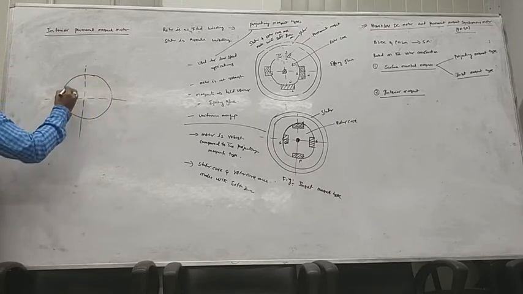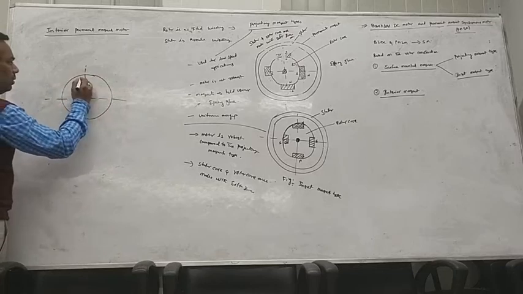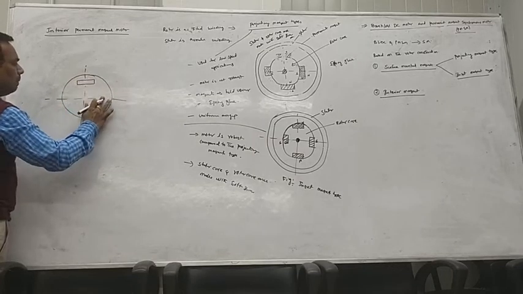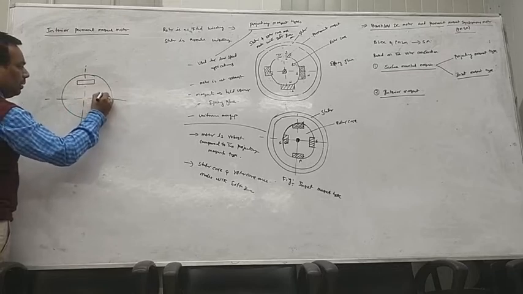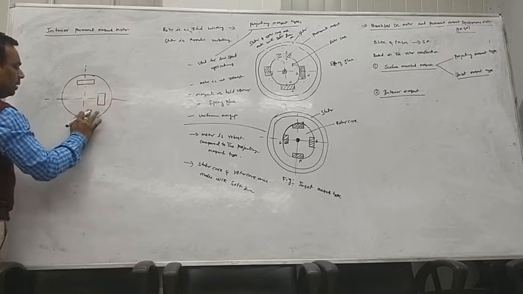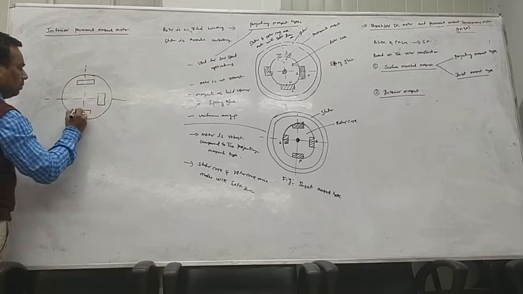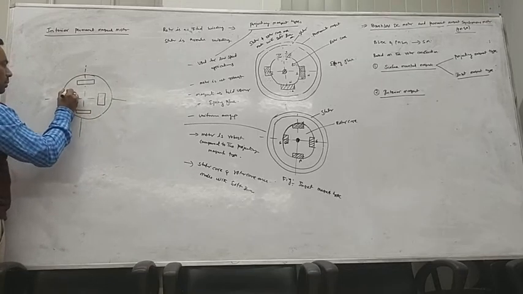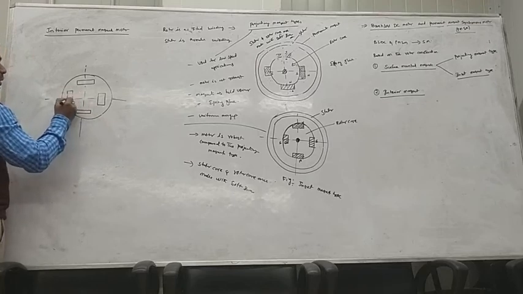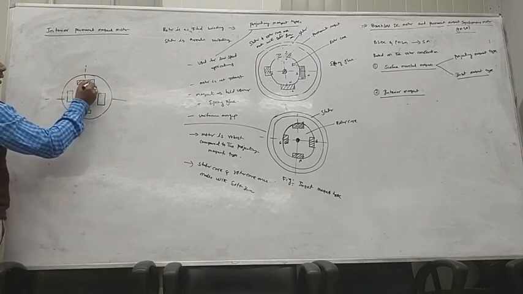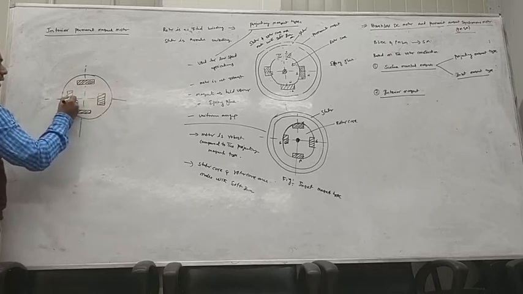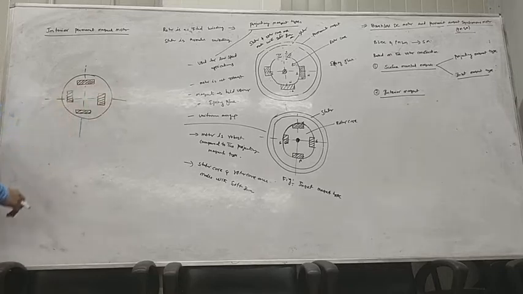Inside the rotor you are placing one permanent magnet here, another here, and another here. So these are the permanent magnets, shaded here. This is interior: we are placing permanent magnets inside the rotor core.